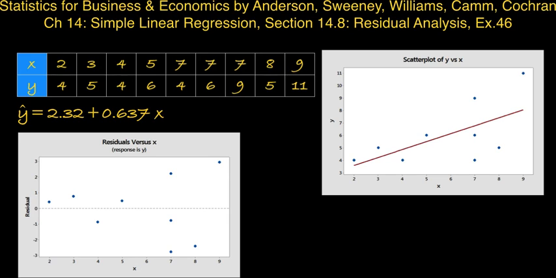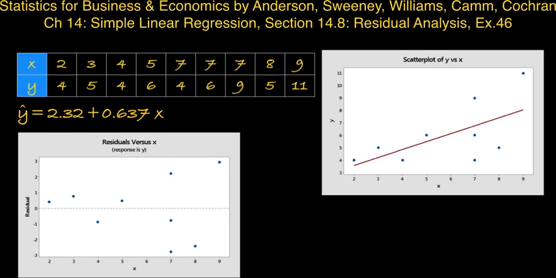The points are quite close to that dashed line, but as we increase x, that variability seems to increase, so that by the time we get to the right hand side of the plot, the variability is quite extreme. In other words, the variance of the residuals is increasing as x increases, and so that causes us to doubt that second assumption, that the variance of the error term is the same for all values of x.